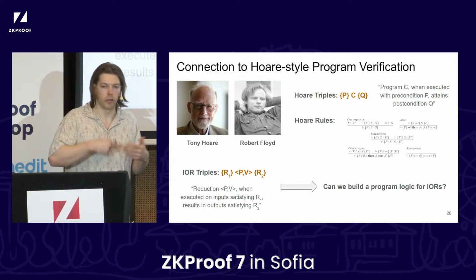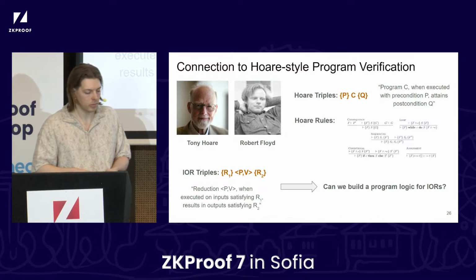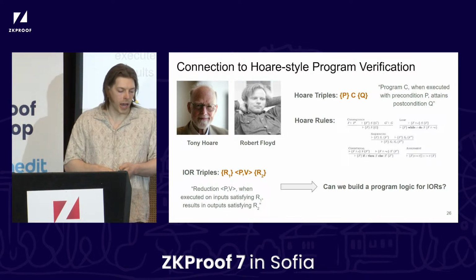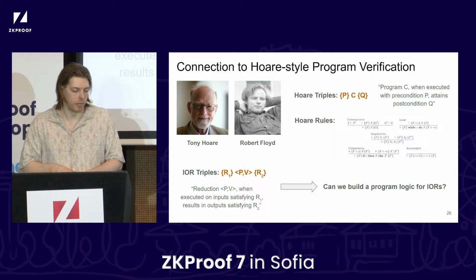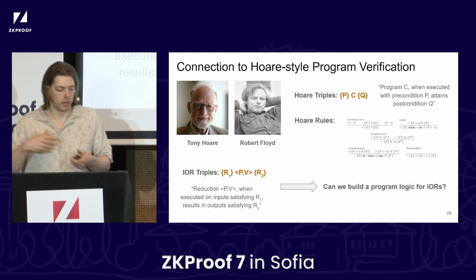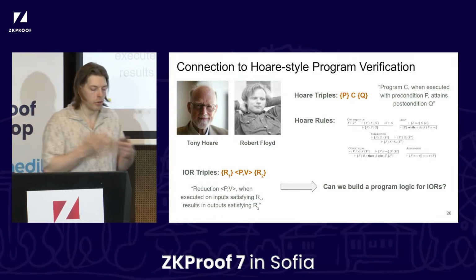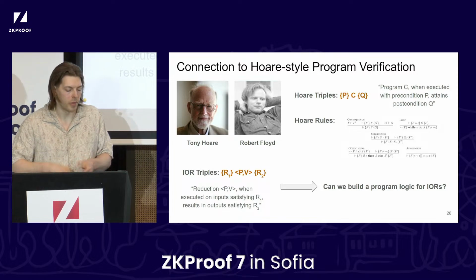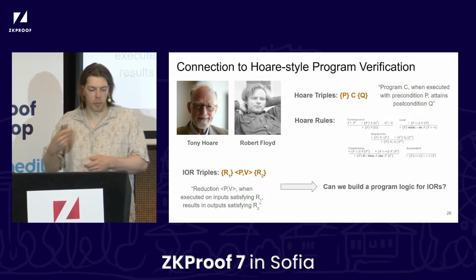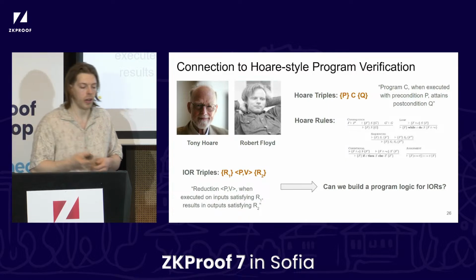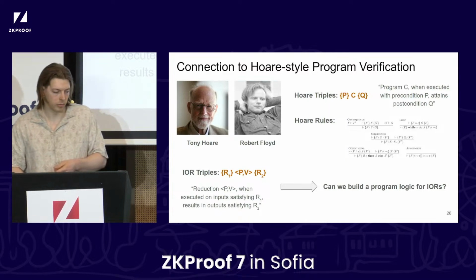So you would have some reduction for the prover and verifier, and when you execute that reduction on something satisfying R1, you would then get something that satisfies R2 and be able to reason about this with some appropriate logic that would apply to interactive oracle reductions.